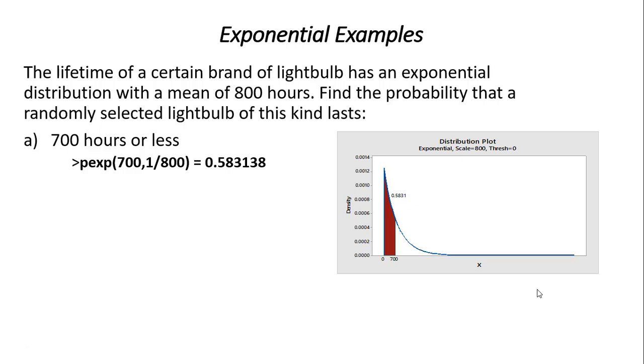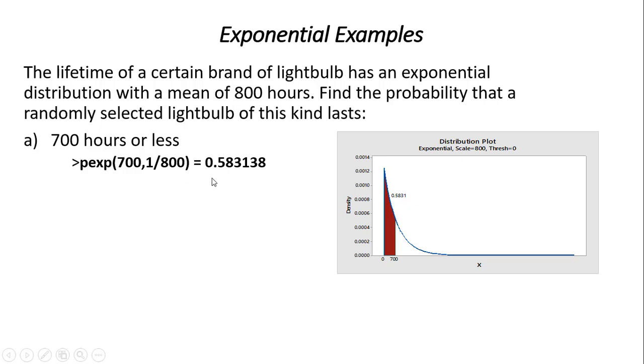So for example, let's suppose the lifetime of a certain brand of light bulb has an exponential distribution with a mean of 800 hours. Find the probability that a randomly selected light bulb of this kind lasts, let's say A, 700 hours or less. So we can do this as pexp(700, 1/800). 700 would be our X value, and the mean here, lambda, is 800.